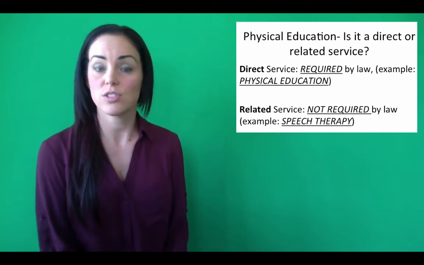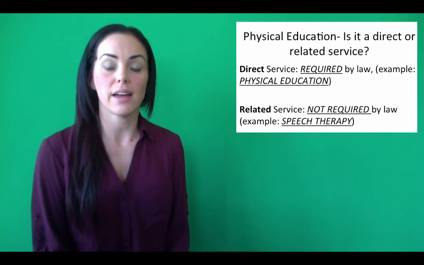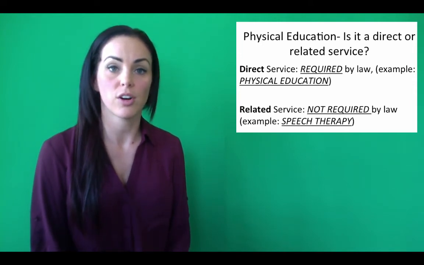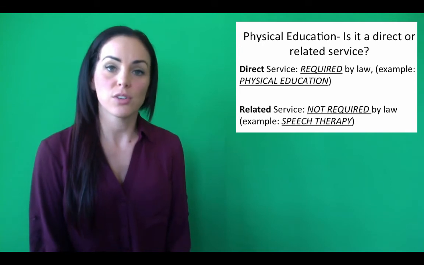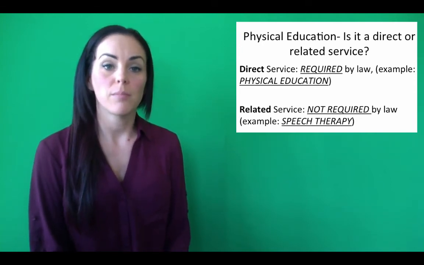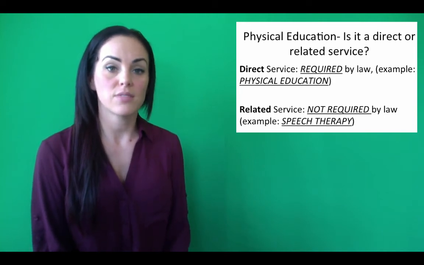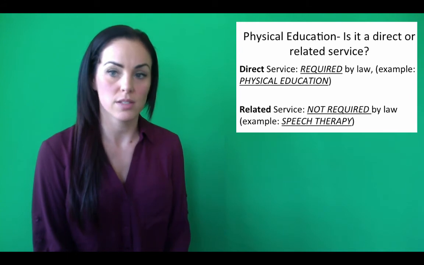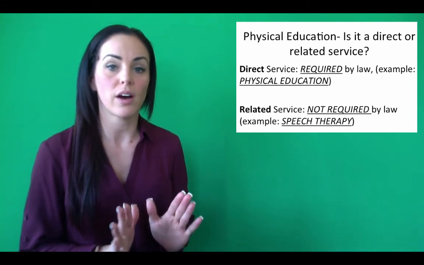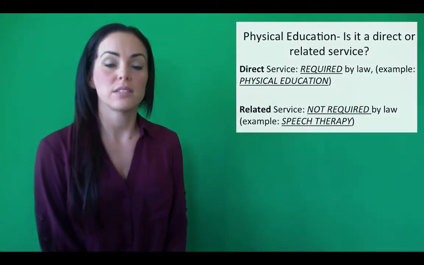However, some students do need those things. So in that case, if I have cerebral palsy, for example, and have a hard time walking or have problems with flexibility, then physical or occupational therapy might be something that I will in fact need. But in this case, physical therapy is going to be what we call a related service. So it's not required by law. And the example that I give you here is speech therapy.